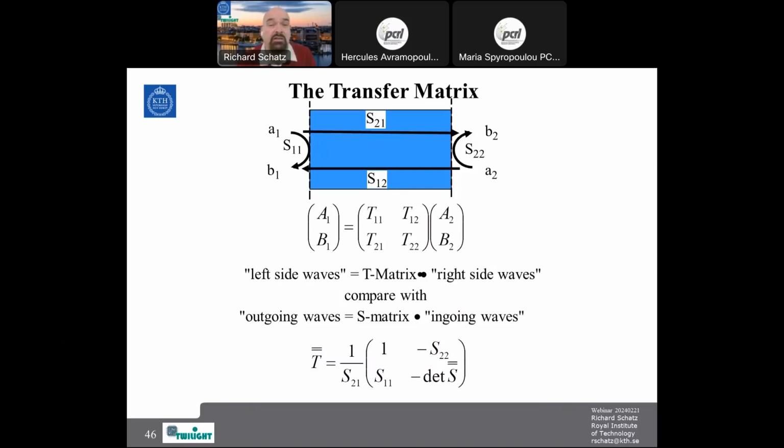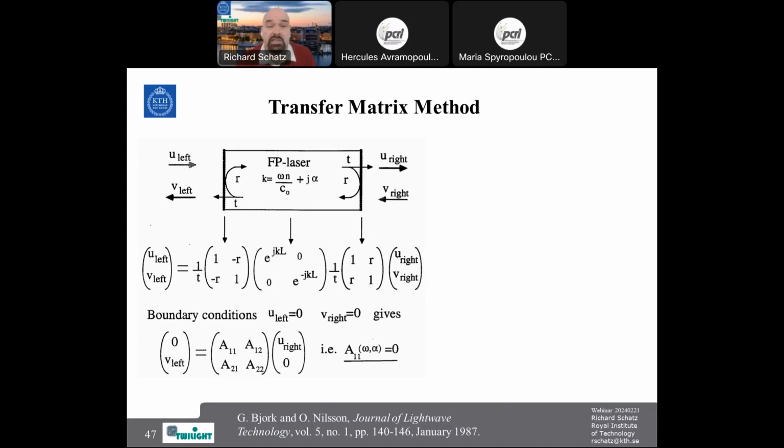It's just that instead of having output waves on the left side and input waves on the right side, which we have in the scattering matrix, we have waves on the left side, both ingoing and outgoing, and waves on the right side. And the benefit of that is that you can easily cascade several sections by just multiplying the matrix of each section. So in order to demonstrate how this works, we can take a Fabry-Perot laser here with just two mirrors.